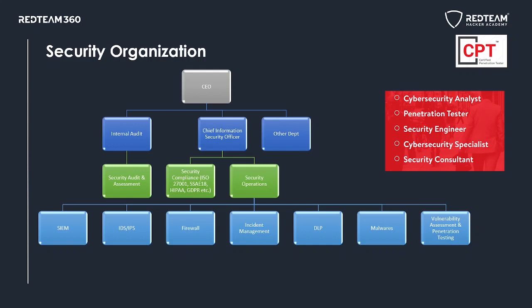Now, any organization that is serious about security will have an information security officer who is responsible for securing information within the organization, and who will protect against any sort of cybersecurity attacks. If it is a large organization, there will be chief information security officers. Under them, there will be other sub-departments. There will be a security compliance team and a security operations team, and they can also have other teams under them.